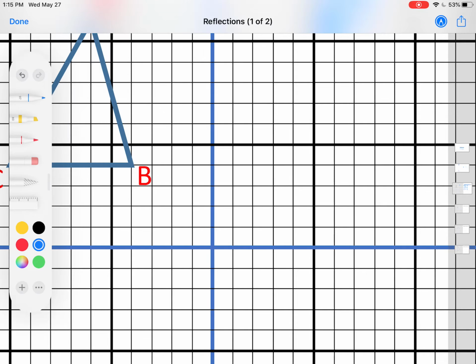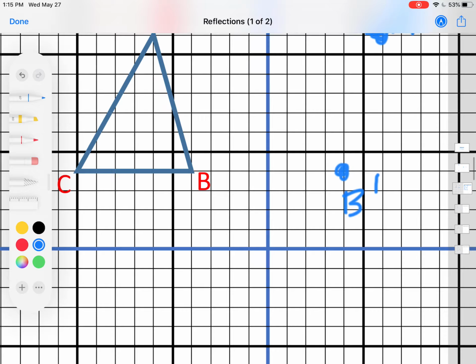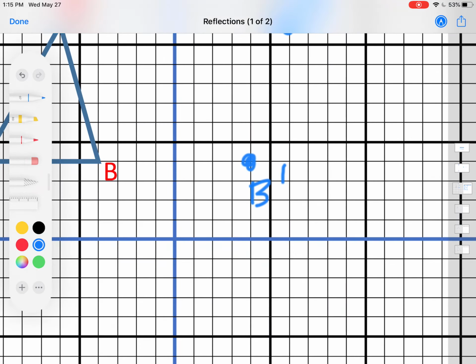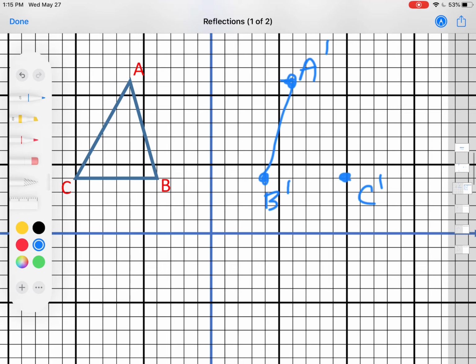So point B prime will also be 4 away at the same level. Point C is even further away. Point C is 10 away. Point C prime will be all the way over here, C prime. And notice the image is flipped over left to right.